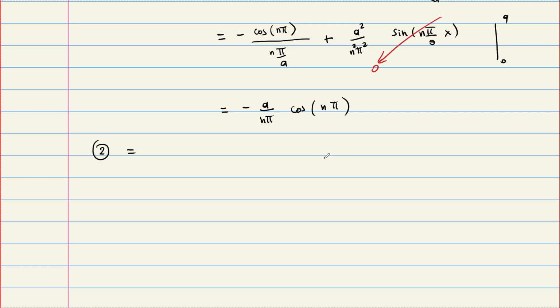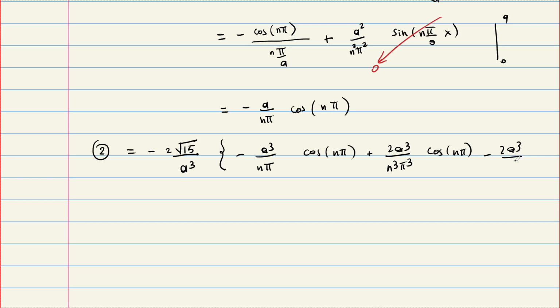So what I found for 2 was minus 2 root 15 divided by a cube, found minus a cube over n pi cosine n pi, and plus 2a cube over n cube pi cube cosine n pi minus 2a cube over n cube pi cube.